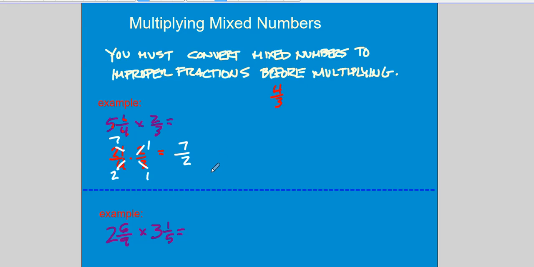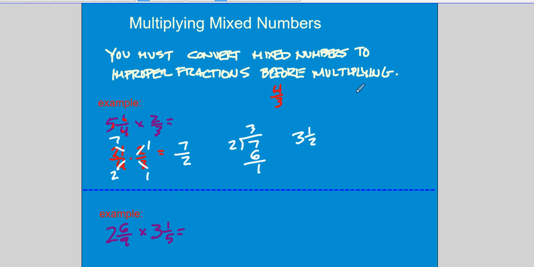That's an improper fraction, so I want to convert this to a mixed number. The way I convert an improper fraction to a mixed number is I divide the denominator into the numerator. So 2 goes into 7 3 times, 3 times 2 is 6, and I get remainder 1. So the whole number part is 3, and the fractional part is 1 over a denominator of 2.